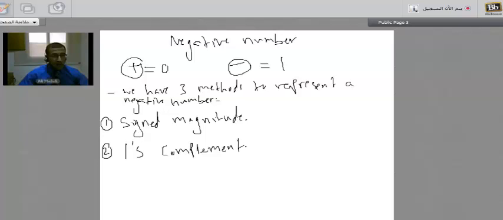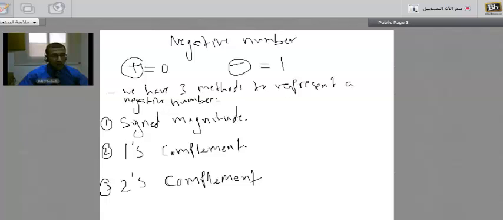And the third method is called twos complement. Okay, so we have three methods to represent negative numbers in binary. We have the sign magnitude, we have the ones complement, and we have the twos complement.